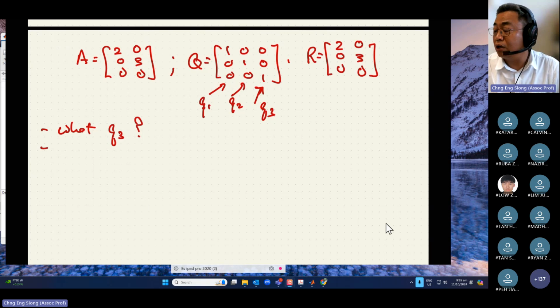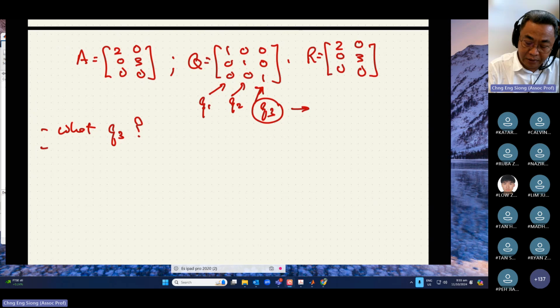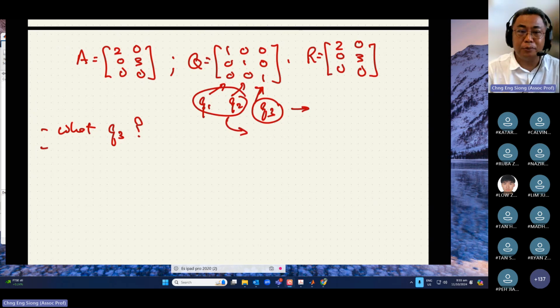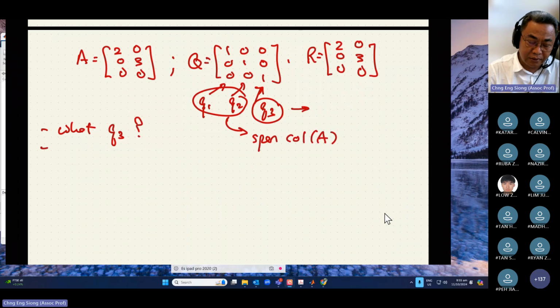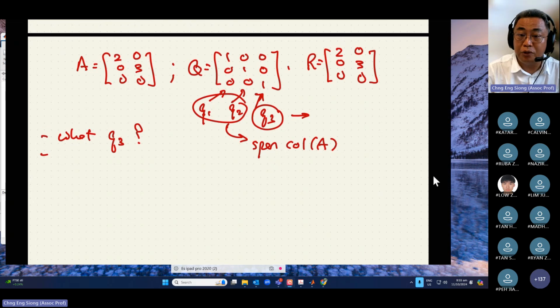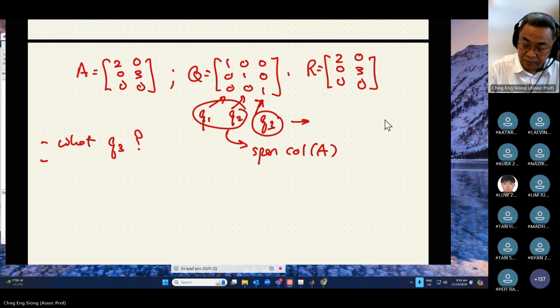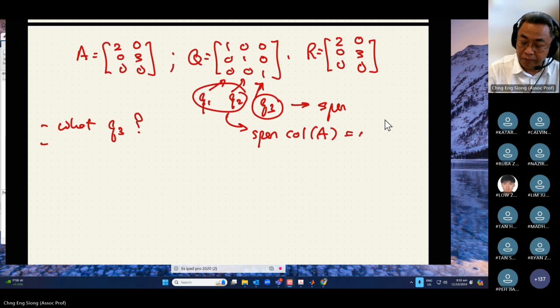When do you need to use full and economical? Normally we just use economical if we want to reconstruct A. But if we want the full, what is Q3 representing? Who is Q3 spanning? If Q1 and Q2 are spanning the column space of A, and if the column space of A is W, what is Q3 doing?